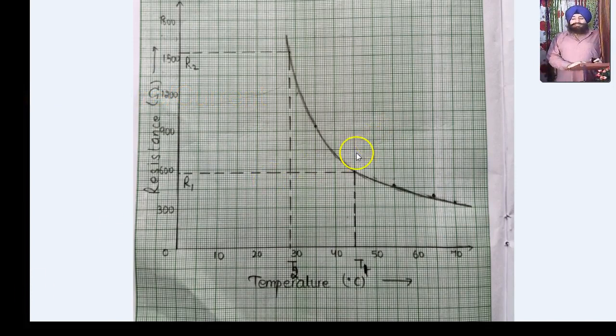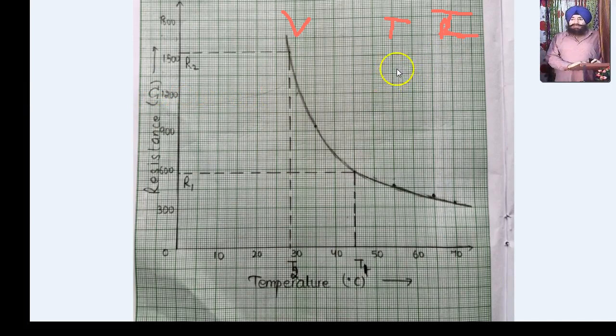Now, I plotted a graph between temperature and resistance. The data was temperature and current, and the voltage was constant. How much? 3 volt.